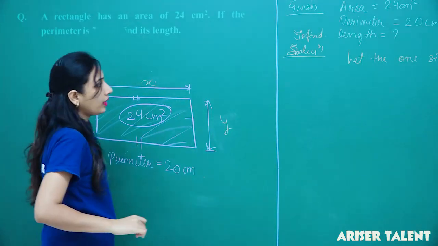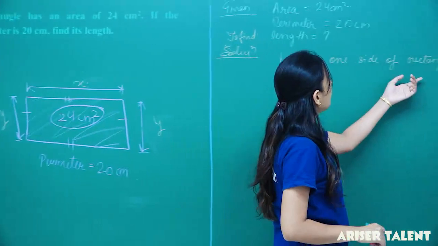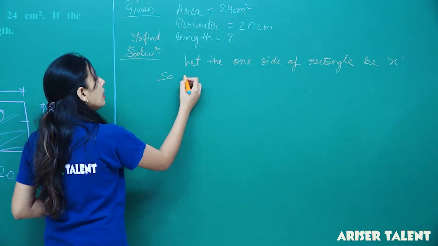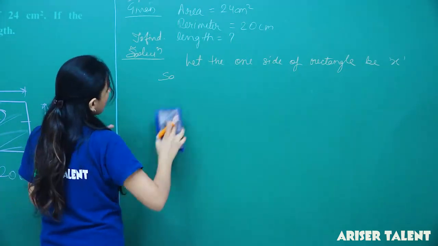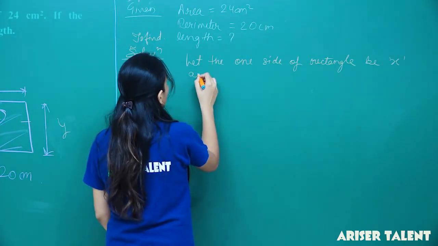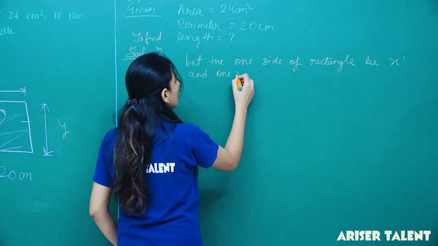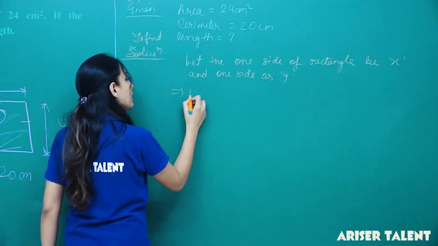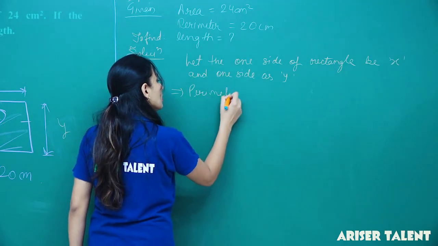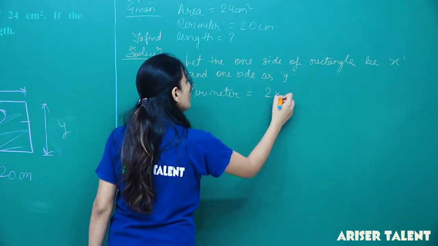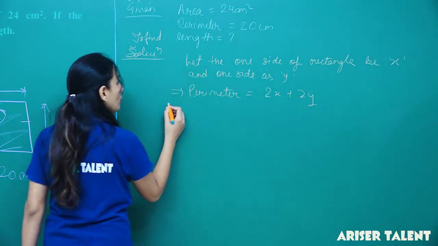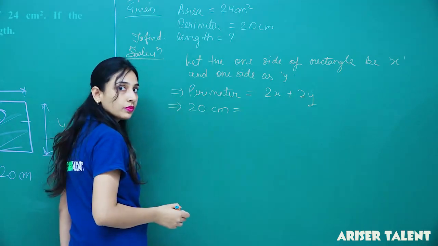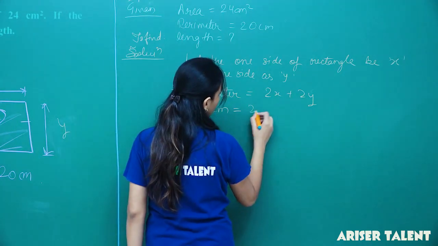I have taken the same, okay. So, let one side of the rectangle be x and one side be y. This implies that perimeter equals 2x plus 2y, or 20 centimeter equals 2 times x plus y.